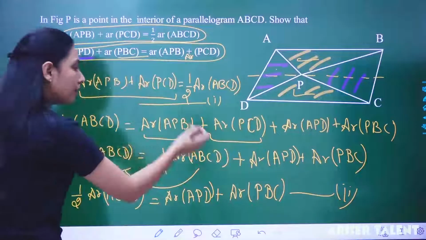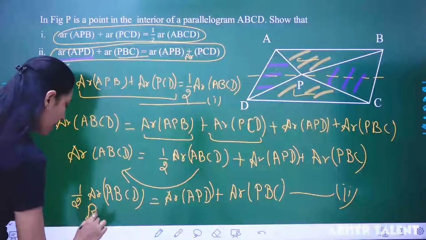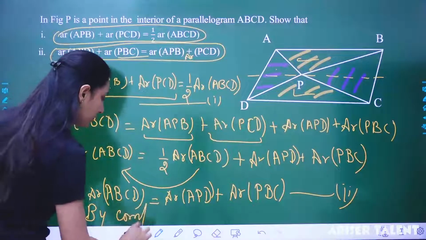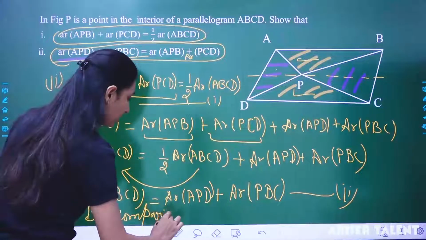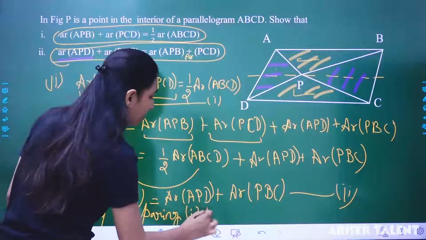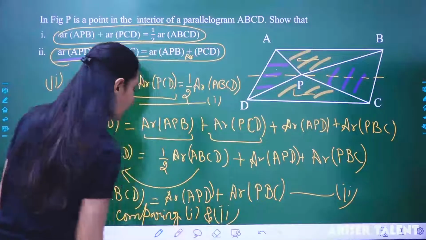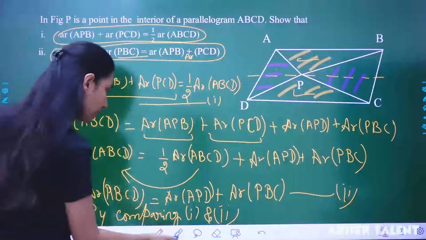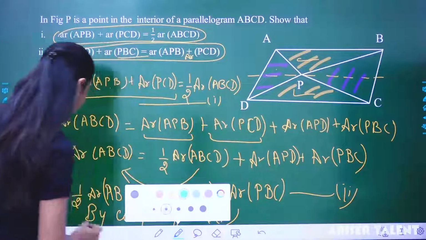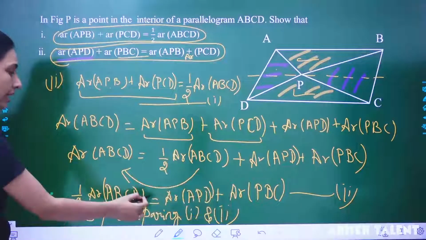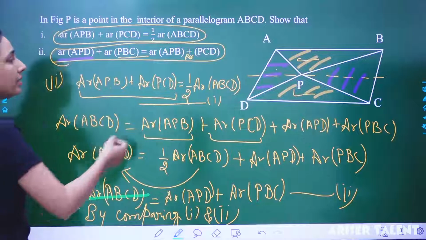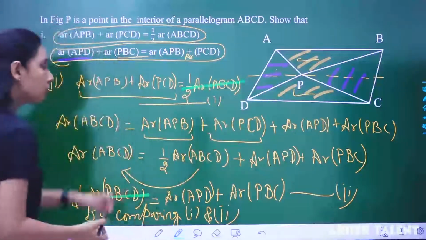By comparing 1 and 2, what will we say? This is half area ABCD, and this is half area ABCD. These two are equal.